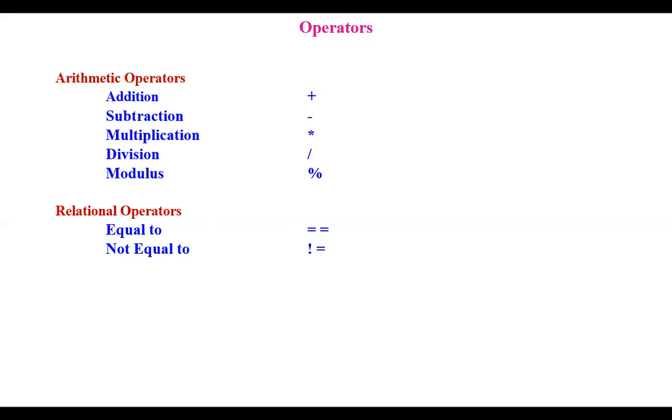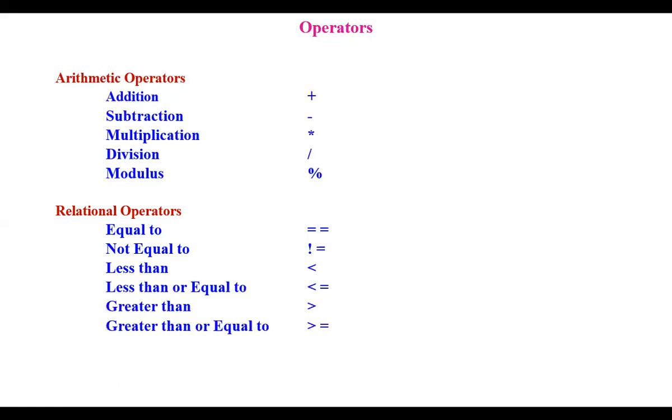If they are equal, we do something; if they are not equal, we do something else. For that purpose, these are used. Similarly, less than, greater than, less than or equal to, greater than or equal to. Like this, we have relational operators.